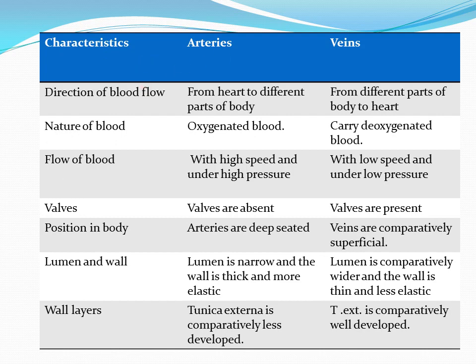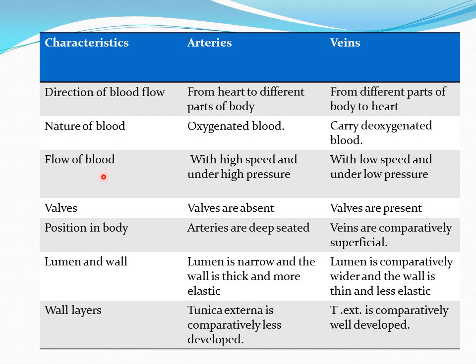First, the direction of the blood flow: arteries carry blood away from the heart, that is from the heart to different parts of the body, whereas veins carry blood from different parts of the body to the heart. Second comes the nature of the blood. Arteries mainly carry oxygenated blood, and there are exceptions also, as I told you while teaching. And veins carry deoxygenated blood.